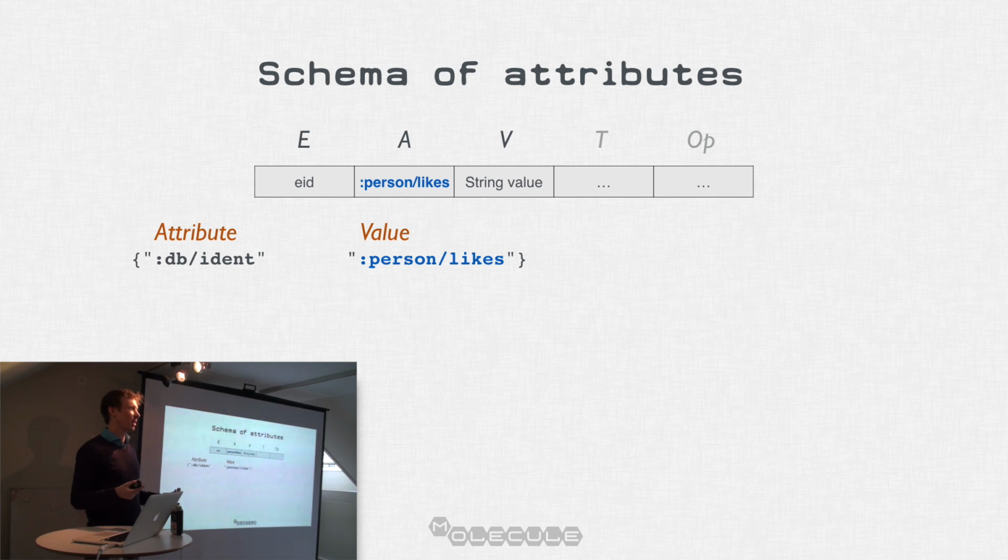So it's like bootstrapping an application with its own code, kind of. So you tell it that you have an attribute, which is a core attribute of the Datomic system, database identity. You have an attribute which is identified as a person's likes.